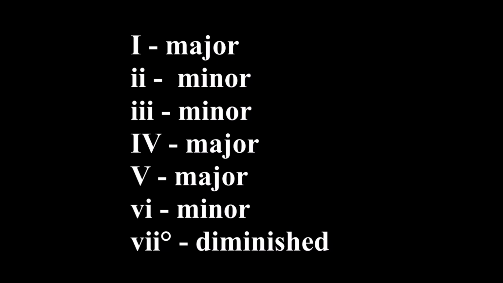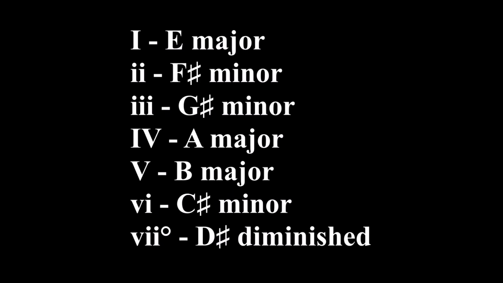Chords in a major key follow the pattern major, minor, minor, major, major, minor, diminished. The chords in the key of E major are E major, F sharp minor, G sharp minor, A major, B major, C sharp minor, and D sharp diminished.